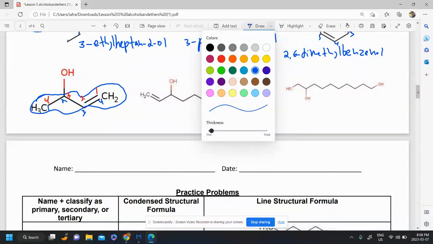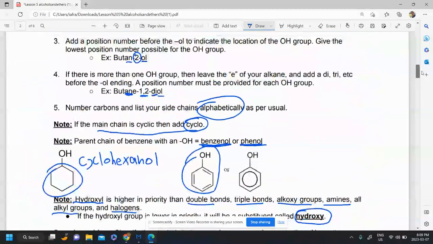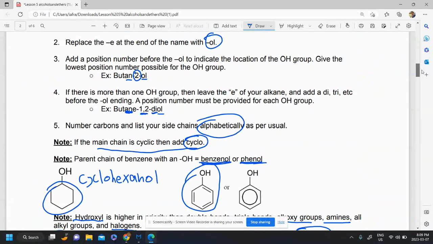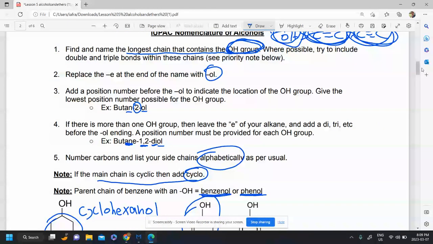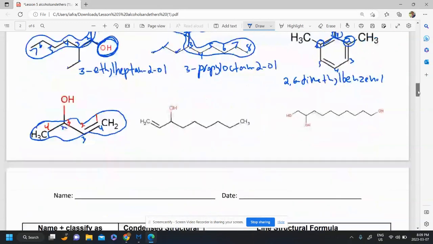So we have no substituents, but we do have double bonds here. And so our general rule when you're doing that is you have to go back and review the naming rules for double and triple bonds. It's still the same naming rules, but you do need to also include the position of your alcohol along with your double bond.